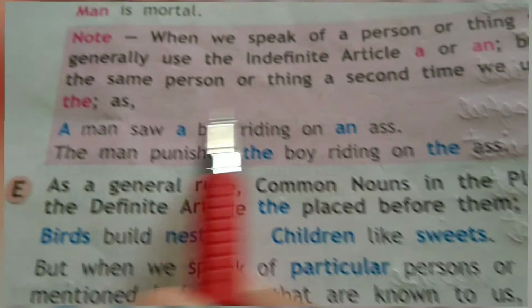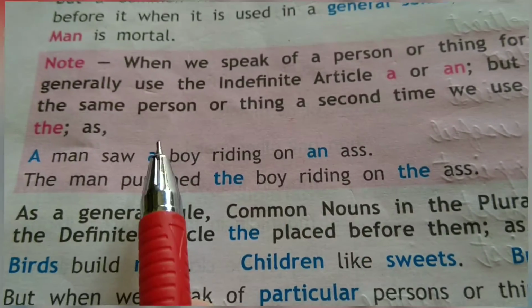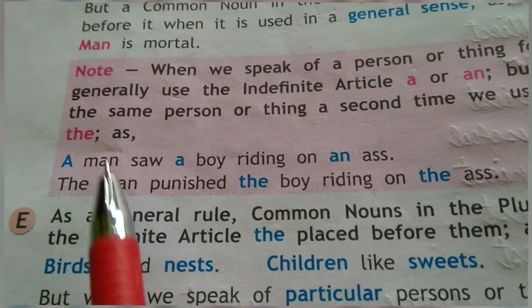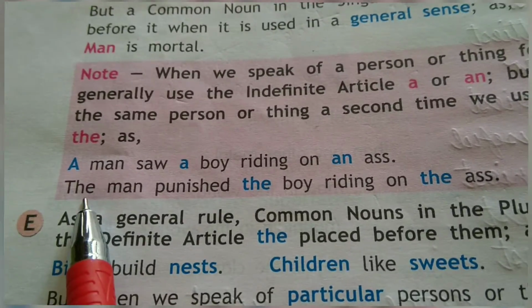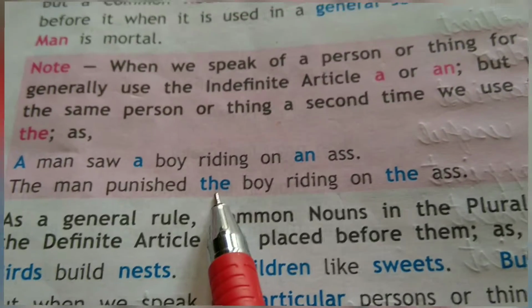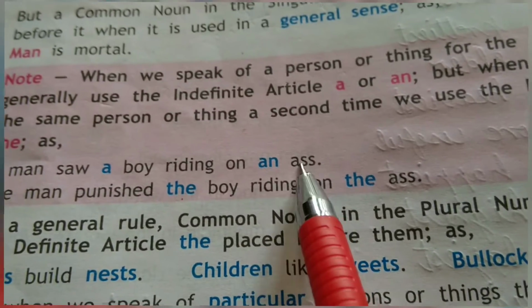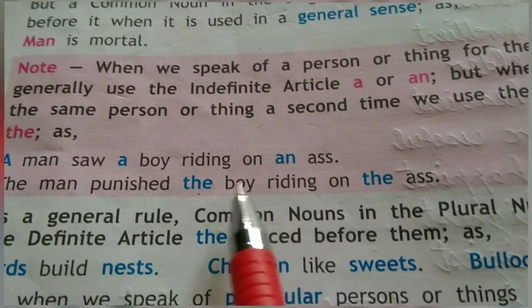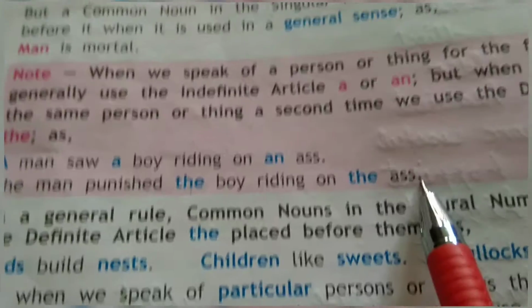First time, before common noun, a is used. Second time, I am talking about the same man, so the is used. I am talking about the same boy over here, so again the is used. I am talking about the same ass over here, so the is used. The man punished the boy riding on the ass.